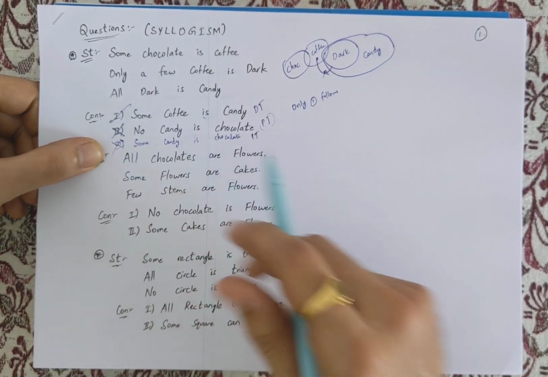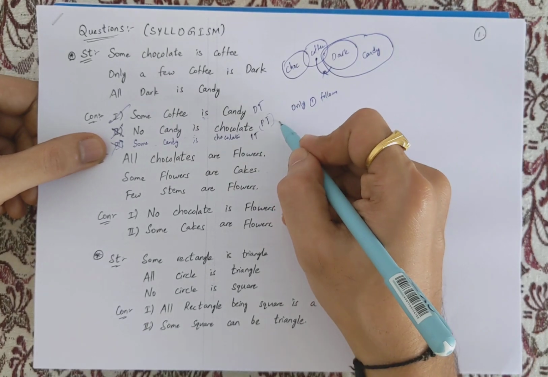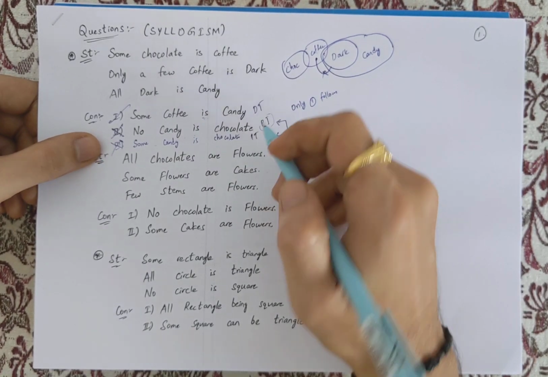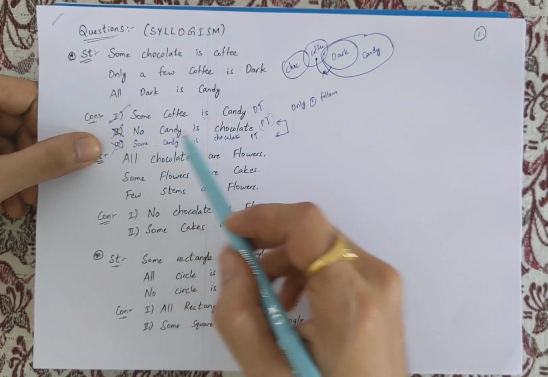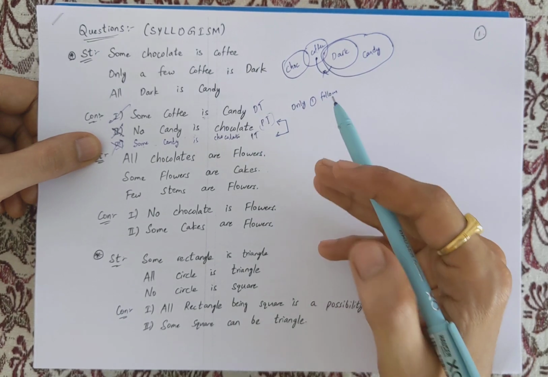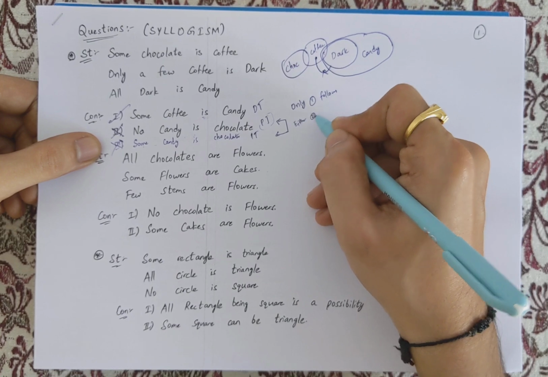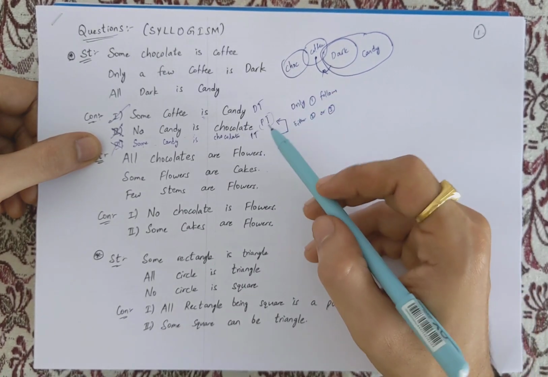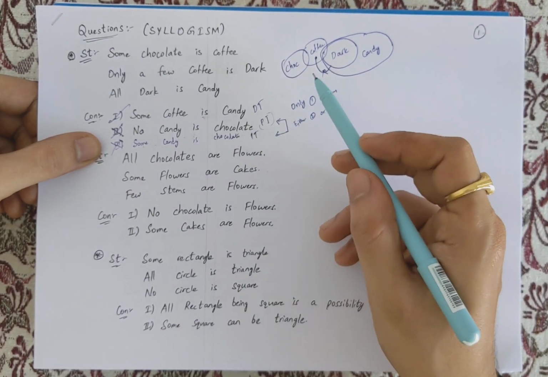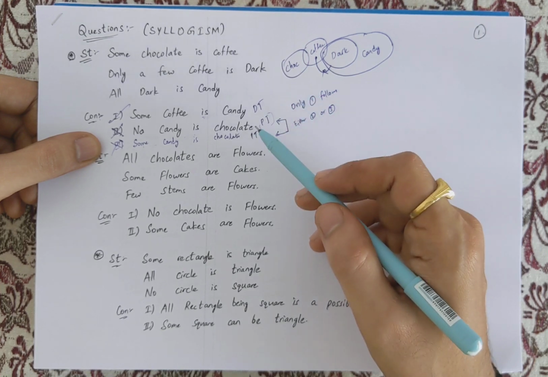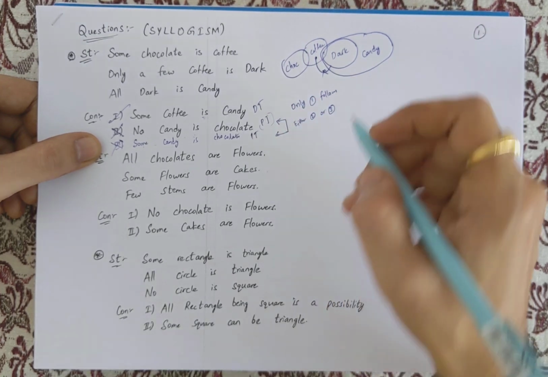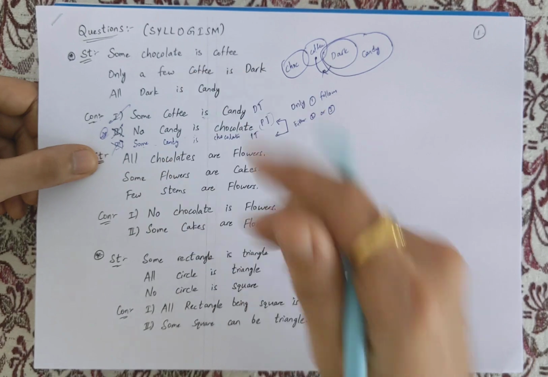When we see these two, they are complementary pairs and they are possibly true, not definite, right? Hence the answer would be either 2 or 3 follows. That's the reason we need to see whether it is a definite true conclusion or a possibly true conclusion. Okay, I hope you understood this.